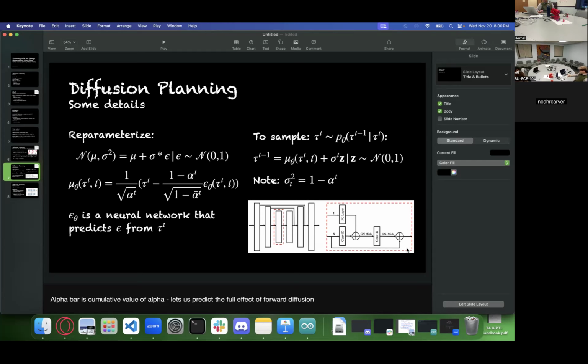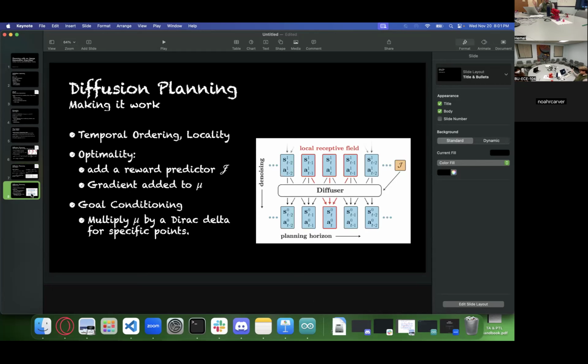The neural network itself is a UNet. You can learn what that is. There's probably a lot of people out there who know what that means better than me. But the more interesting thing about it is that it is fully convolutional, and that leads into some of the fun properties of it.